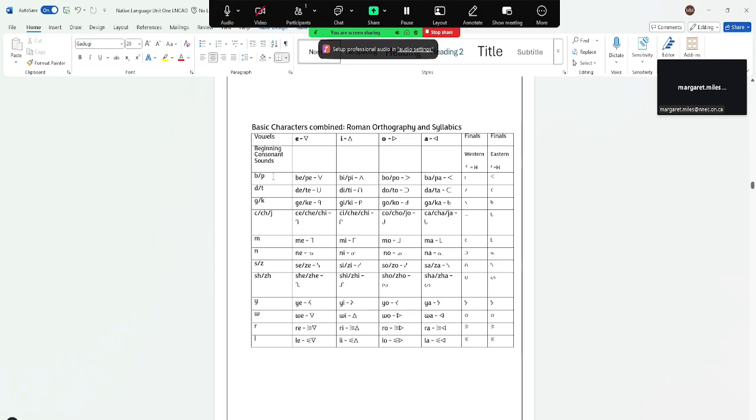So you use on the beginning consonant sounds, the first one is b, p. So when you go across and look at the finals, under the finals column, go down, and that is the final you would use, and that is the b, p sound, that final.